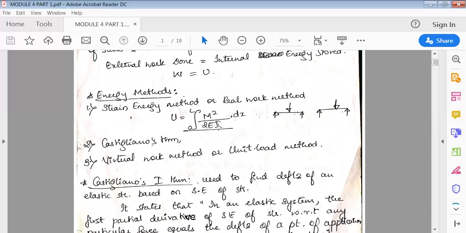We integrate this with respect to dx. So that's the first method.